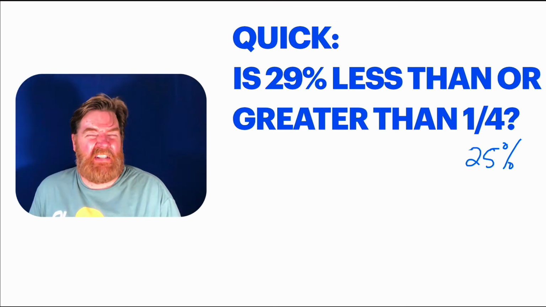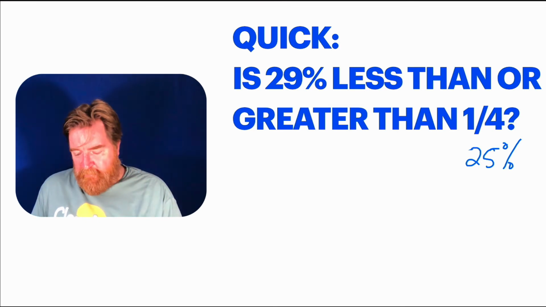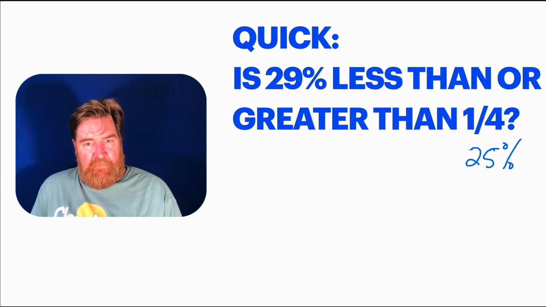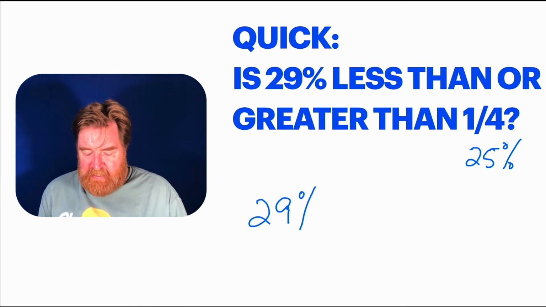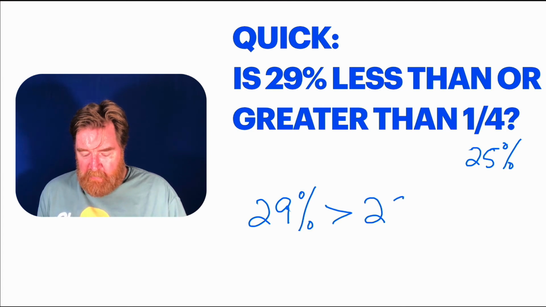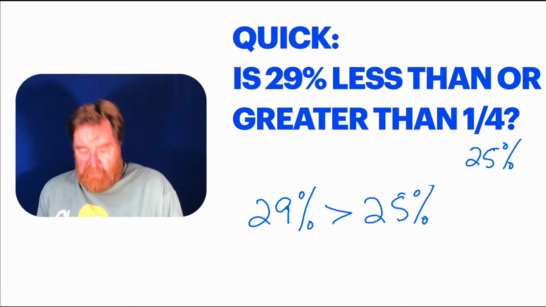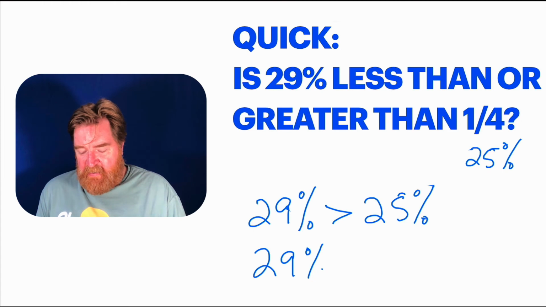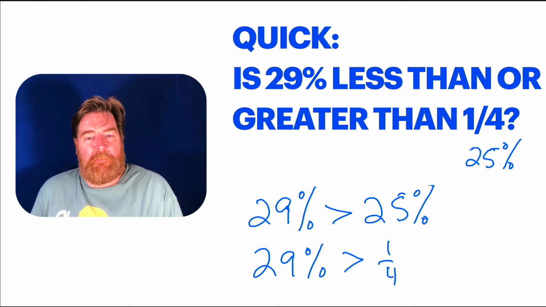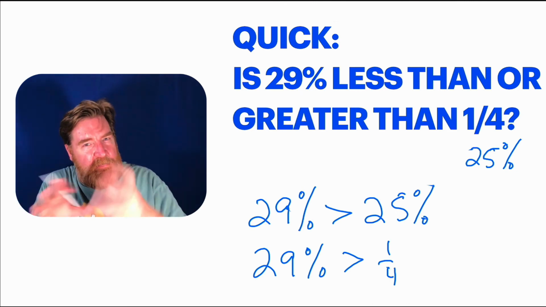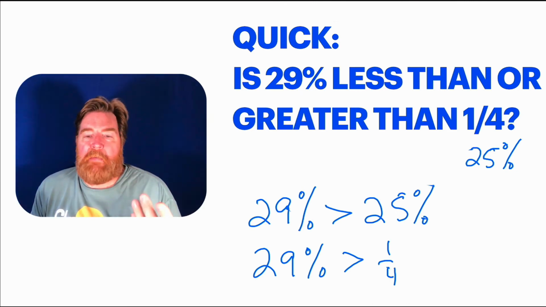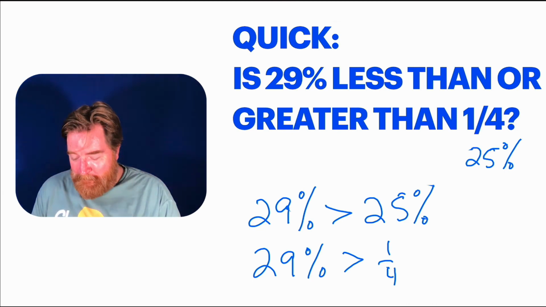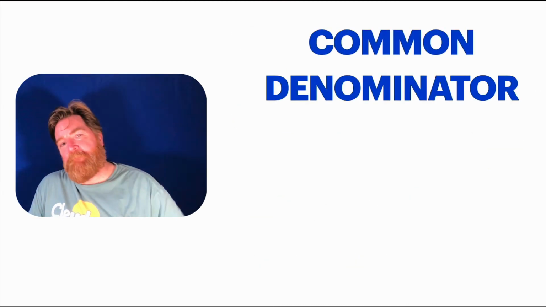So now look how easy that is to compare. 25% versus 29%. 29% is definitely bigger than 25%. So in other words, 29% is definitely greater than 1/4. Okay? So it's nice to be able to be really fluid with the different forms, and maybe you don't even need to convert. Okay. All right.